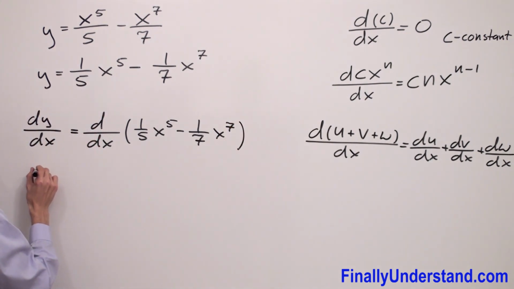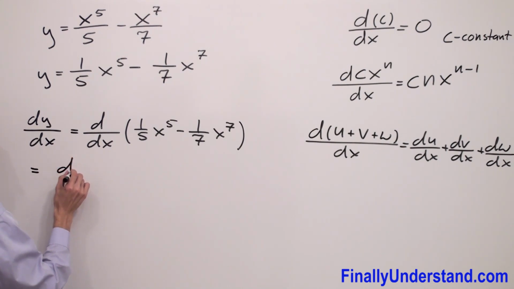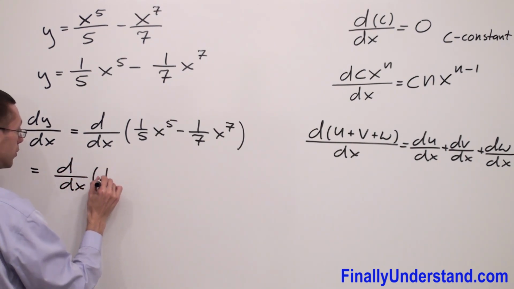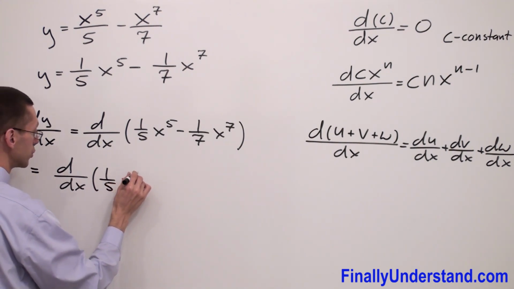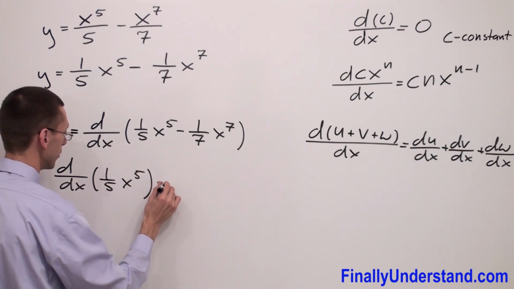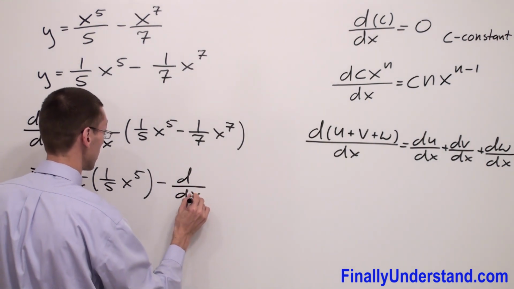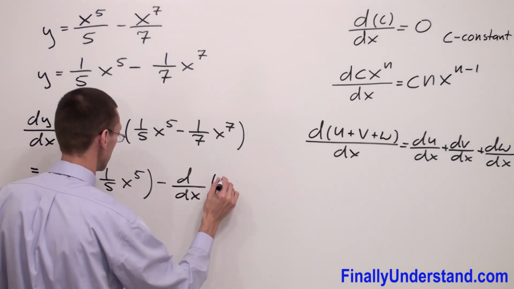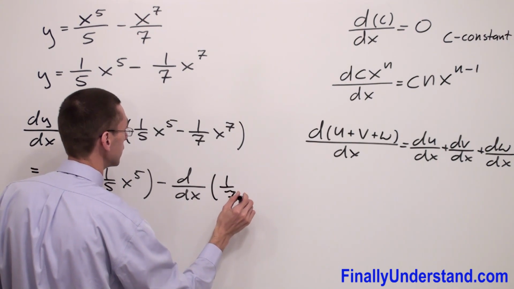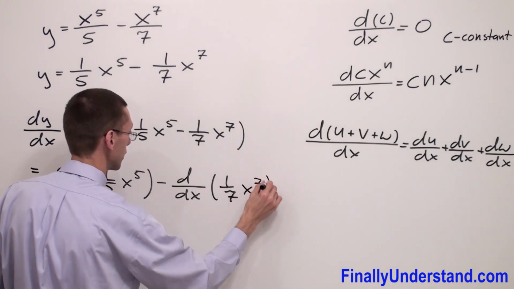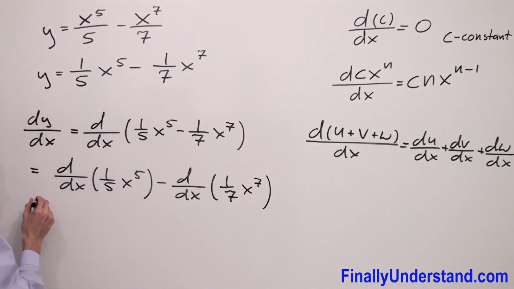So this is equal to the derivative with respect to x of 1/5 x to the 5th minus the derivative of 1/7 x to the 7th.